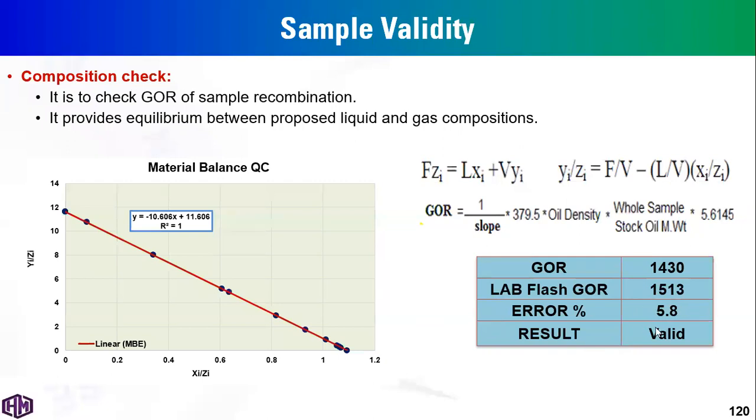If the error is less than about 6%, the compositional data are valid.